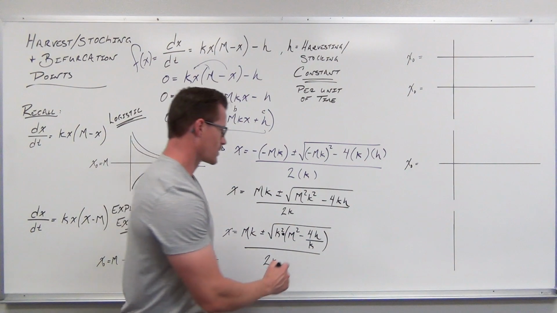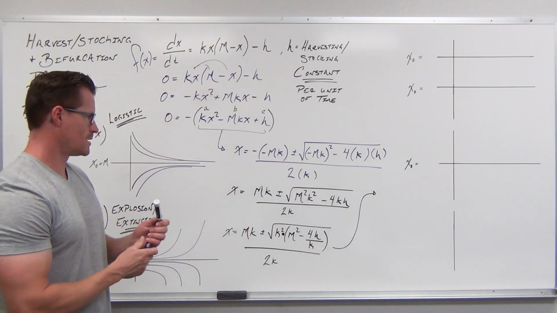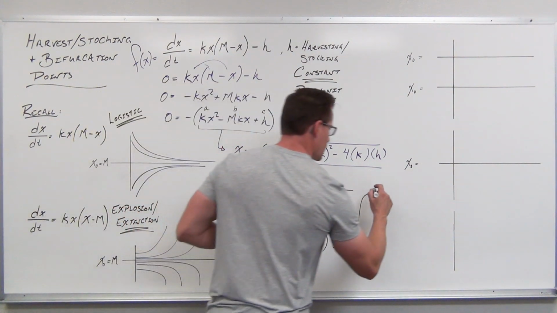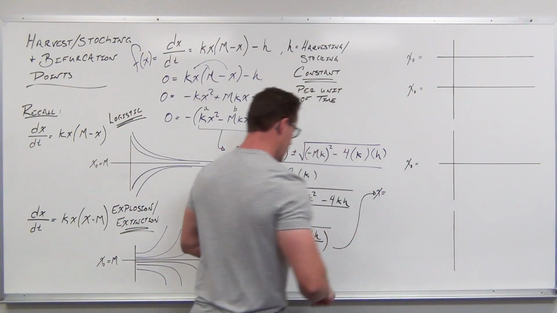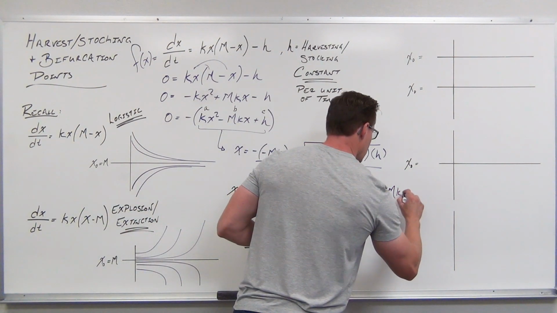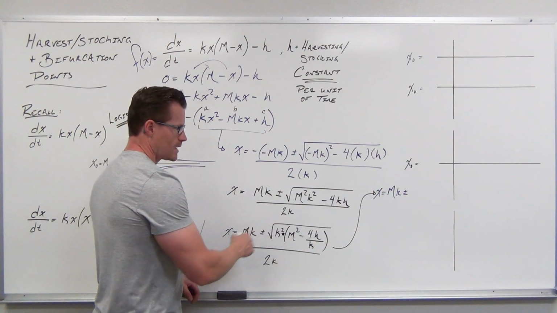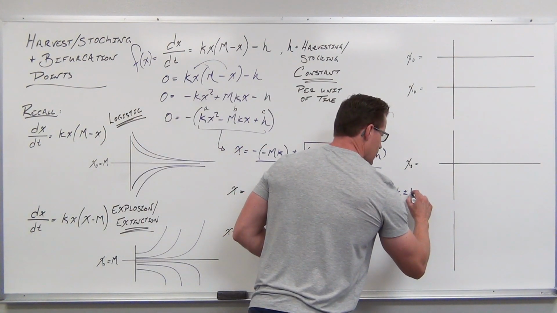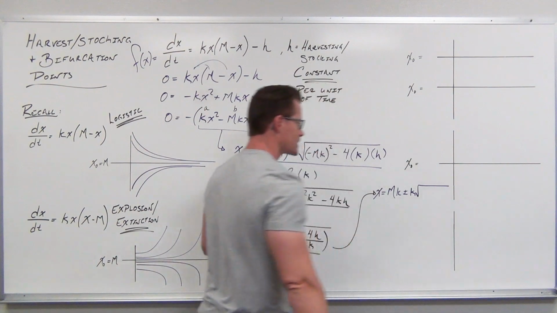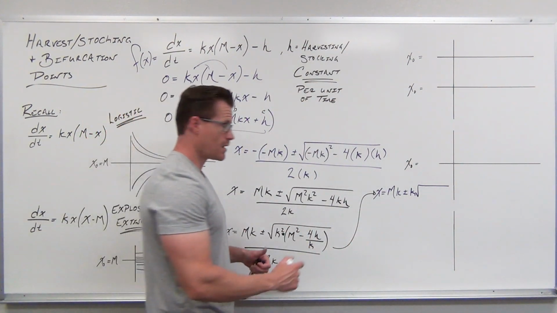What that means is that we're going to get x equals mk plus or minus the square root of k squared is k, but we still have a square root with m squared minus 4h over k.